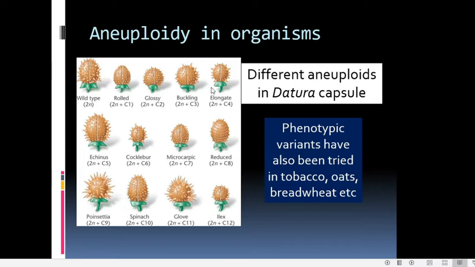So all these are examples of aneuploidy which has given rise to different types of phenotypes with regard to the seed capsule. So that is how aneuploidy can be seen in plants. And such phenotypic variations have also been obtained in plants such as tobacco, oats, bread wheat, etc. apart from this Datura.